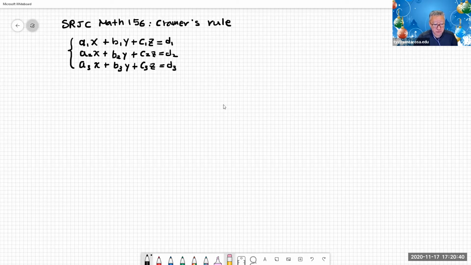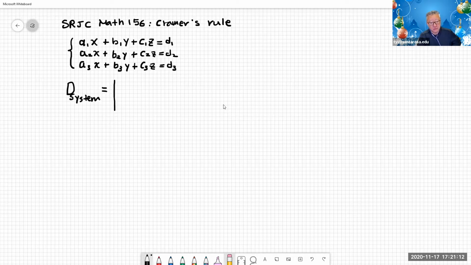So the first thing that we're going to have to find is the determinant of the system. I'm just going to write determinant of a system, and the vertical lines are the way you understand that we are finding a determinant there.